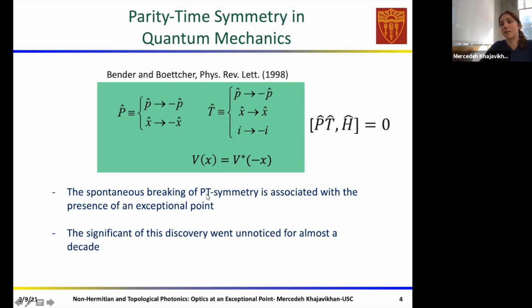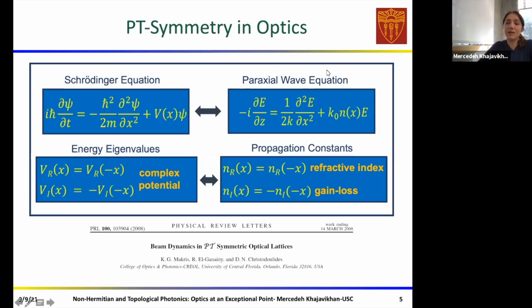So this is where the mathematics and physics met each other, and they started to form this new field of eventually non-Hermitian optics.